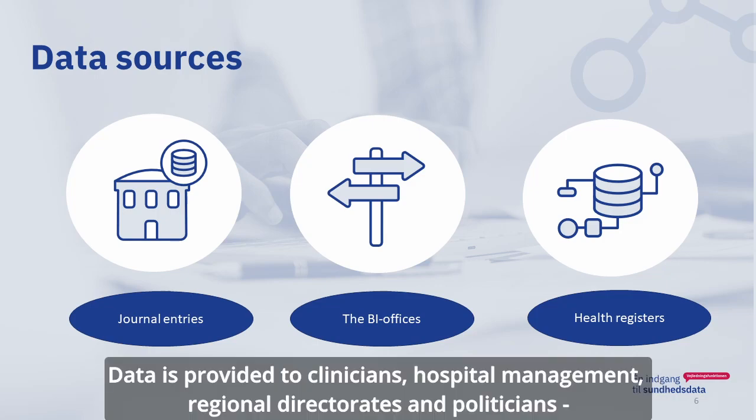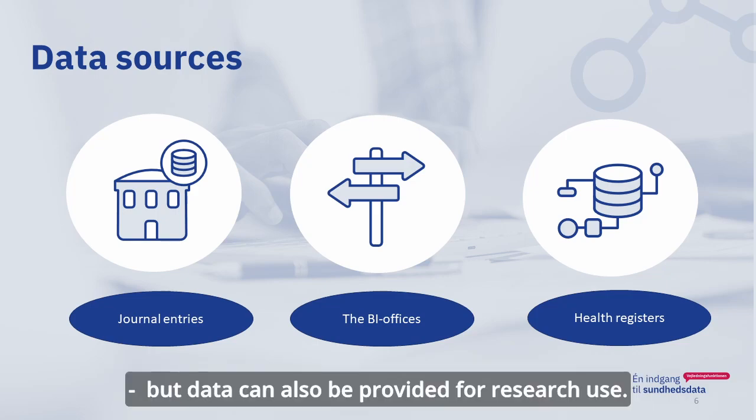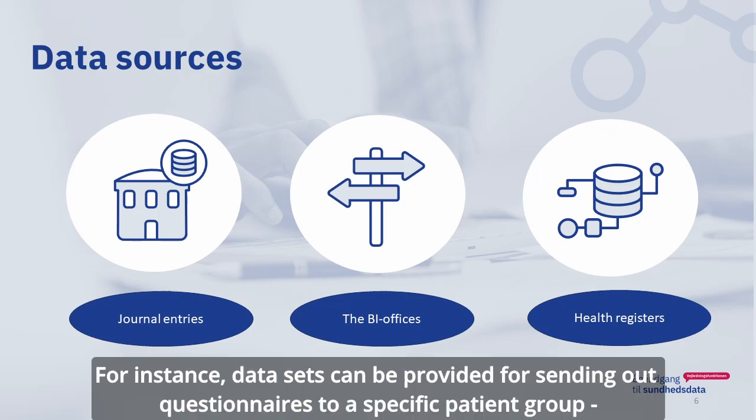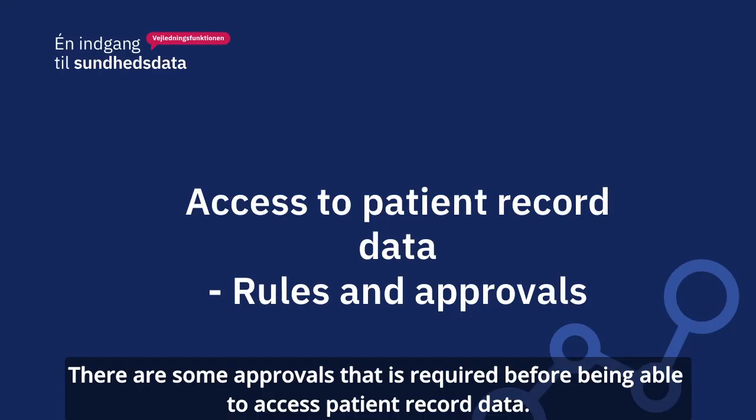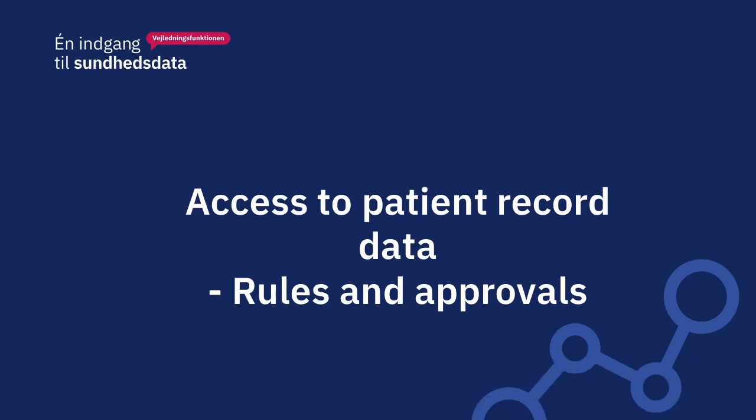Data is provided to clinicians, hospital management, regional directorates, and politicians, but data can also be provided for research use. For instance, datasets can be provided for sending out questionnaires to a specific patient group or data on laboratory results.